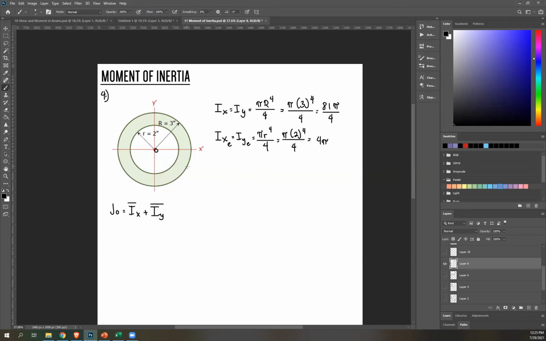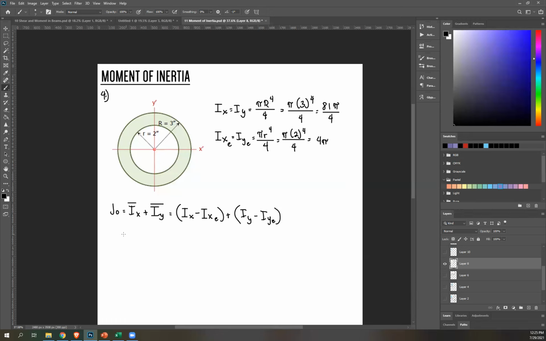So this axis is actually about the center, so you can write it as centroidal moment of inertia. And then let's isolate the answer for your x. So this is Ix minus the empty space. So minus Ix sub e plus Iy minus Iy sub e. So as you can see, we're subtracting the empty space.